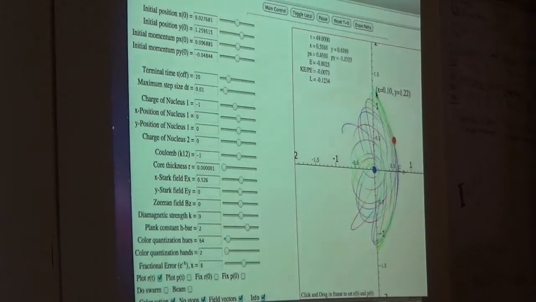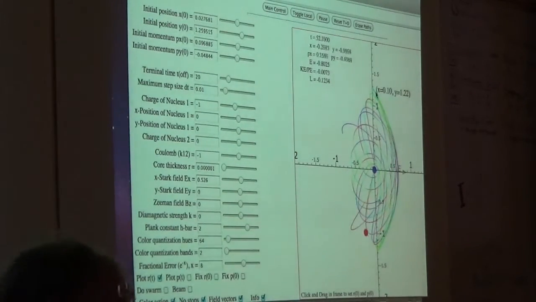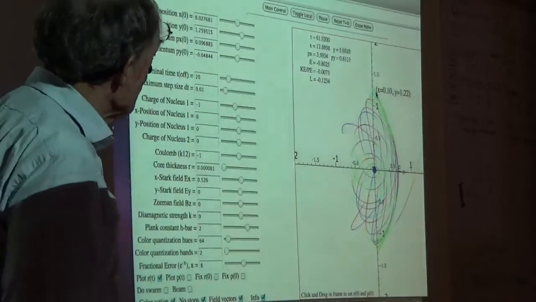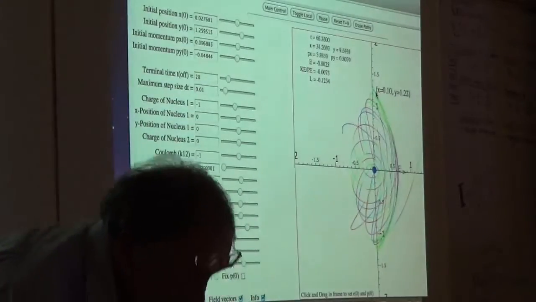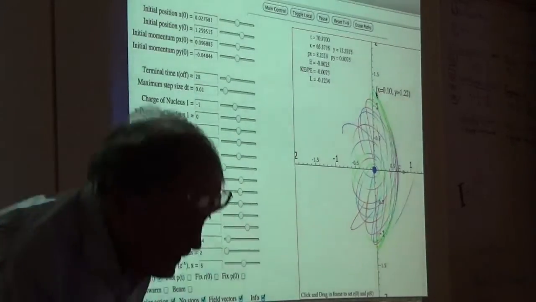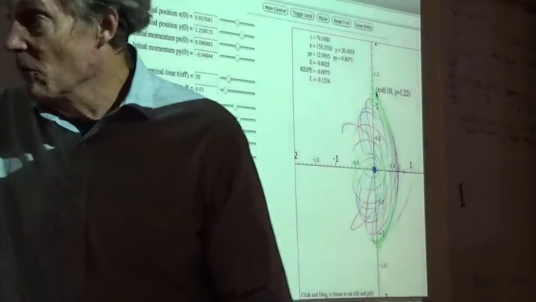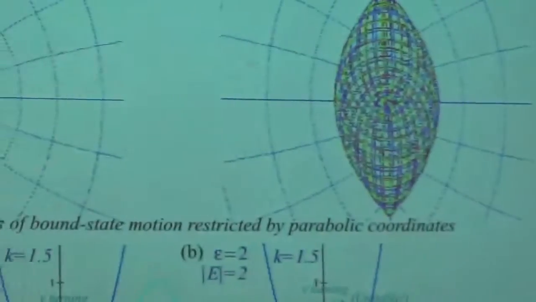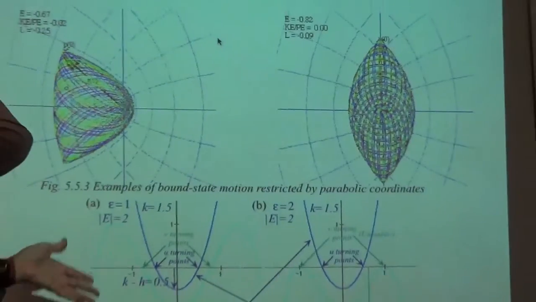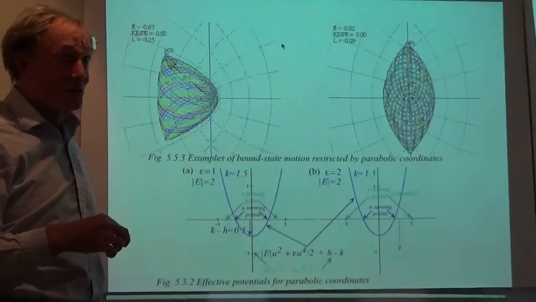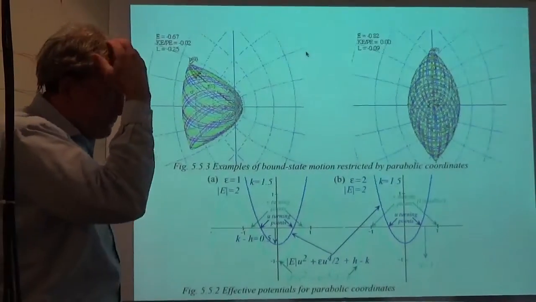I think you can start to see it. It's being held between two parabolas rather nicely. Actually, this looks like it escaped from there. But that's more like this set of orbits right here. So this is a really non-trivial classical mechanical problem that has a really beautiful quantum solution to go with it. So I highly recommend it.